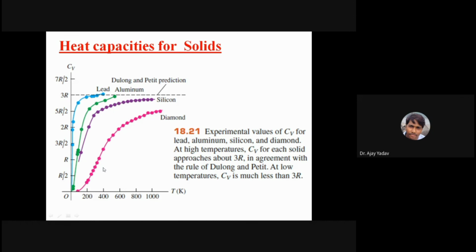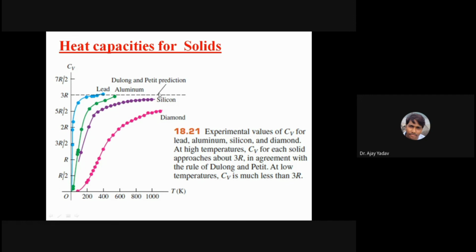So if you see the nature of the curve for all these samples above 300 Kelvin, for the higher temperature above 300 Kelvin, which means room temperature, so above room temperature up to 1000 Kelvin, all the solid samples, their Cv values tend towards 3R.